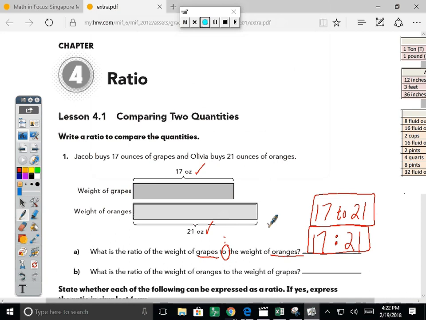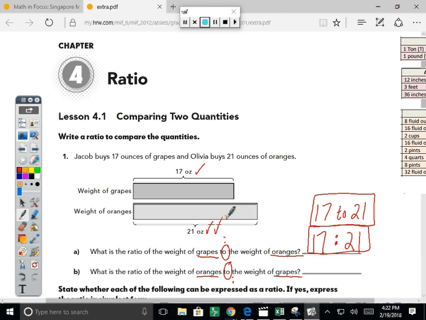All right, let's look at number one, part B. What is the ratio of the weight of oranges to the weight of grapes? Well, you might think that you've already done that, but in reality, they've changed the order on you. Order matters when we're talking about ratio. So I noticed they want oranges first this time compared to grapes. So oranges come first.